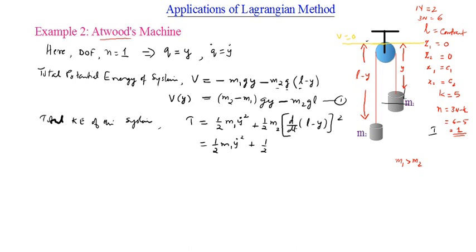What's the result finally? You do d by dt of L minus y. You know L is a constant, so d by dt of L is 0. So d by dt of minus y is minus y dot. So minus y dot, whole square. That is simply y dot square. dL by dt equal to 0, that was our assumption, right?